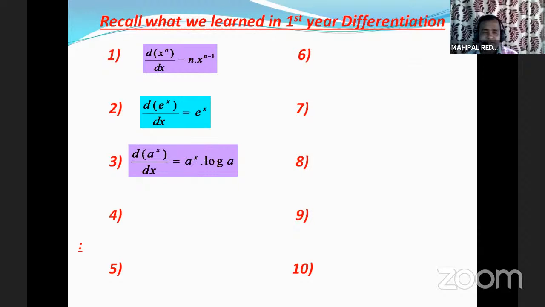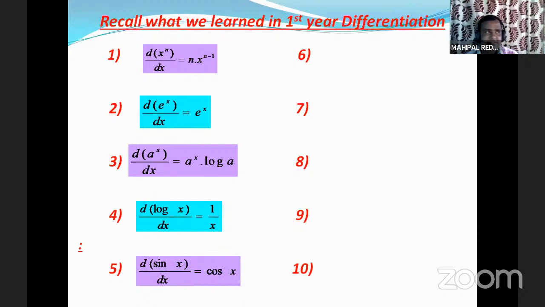Third one is the derivative of a power x with respect to x, which equals a power x into log a. The derivative of the logarithmic function, log x with respect to x, equals 1 by x. Now the trigonometric functions. Derivative of sin x is cos x. Derivative of cos x is minus sin x.